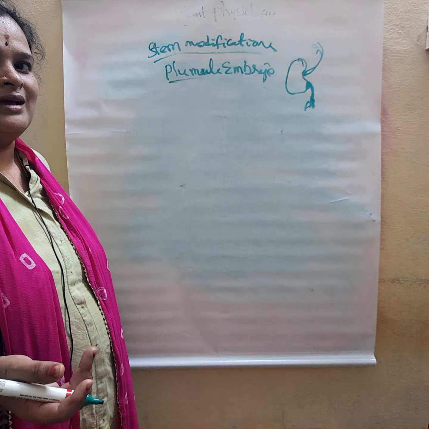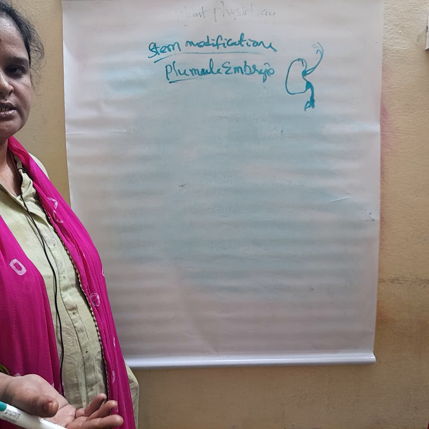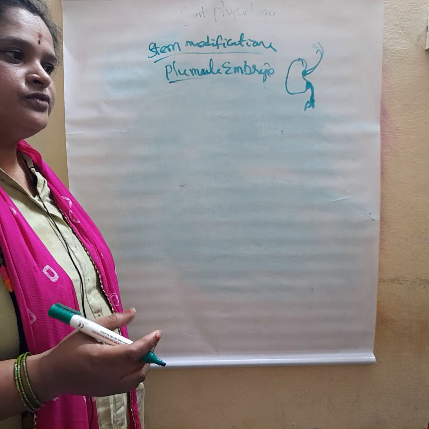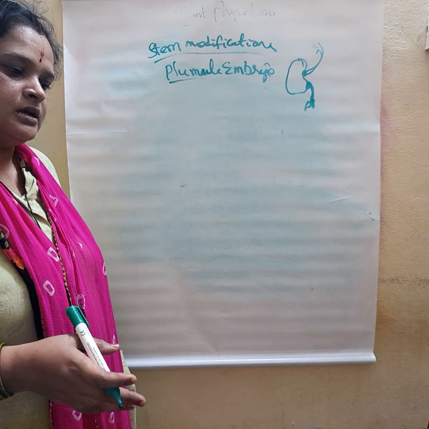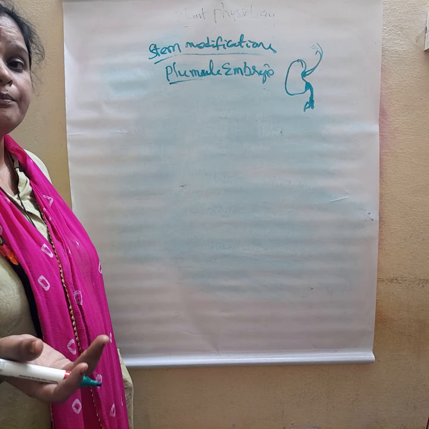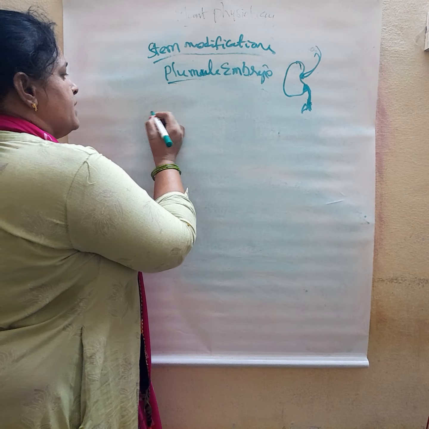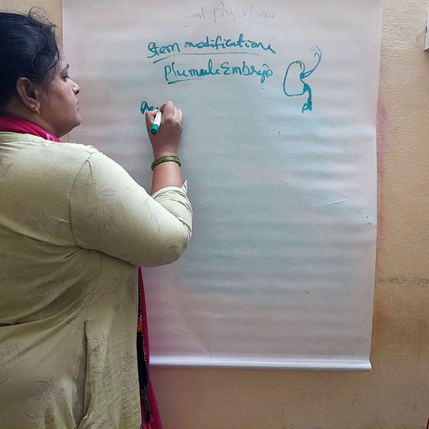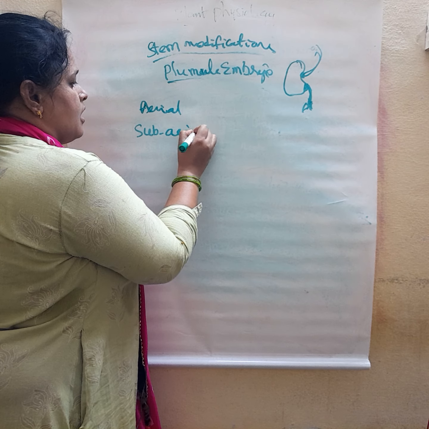If it performs anything other than this, that is called modification. Normally a plant's stem is aerial only, but in some plants it may be underground, or it may creep on the ground, which is called subaerial. So the stem may be aerial, subaerial or underground.